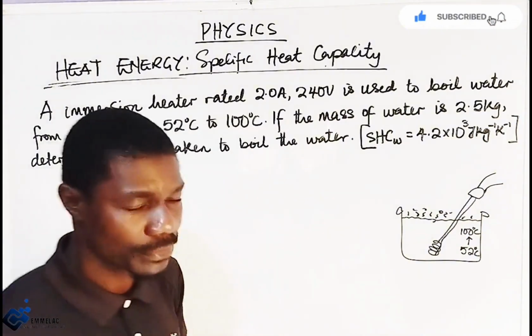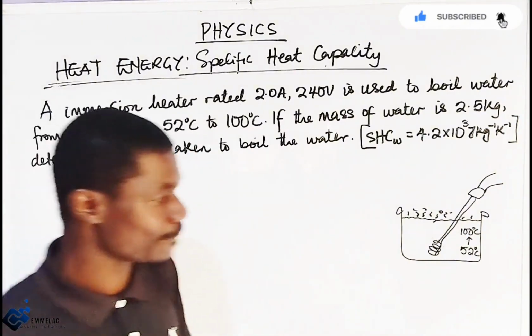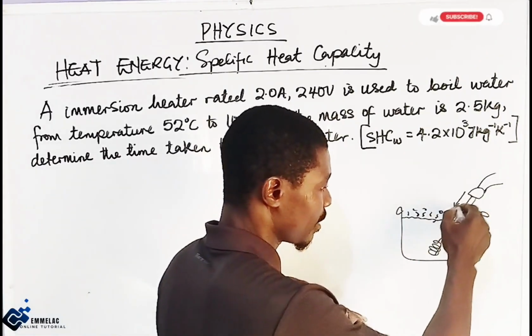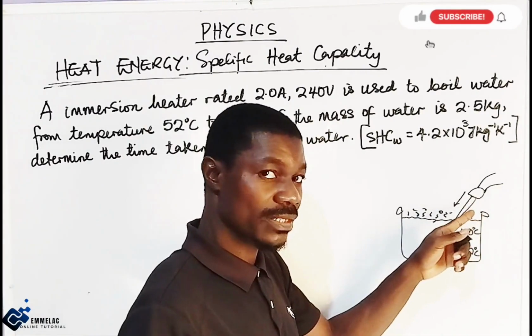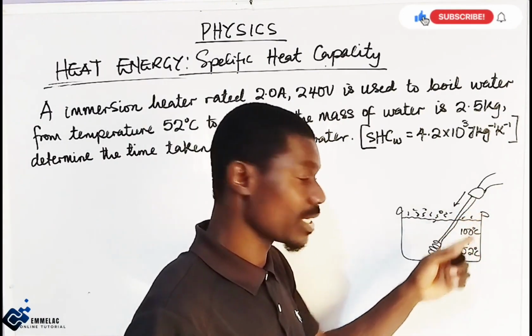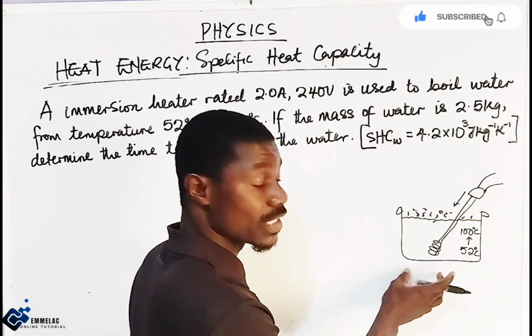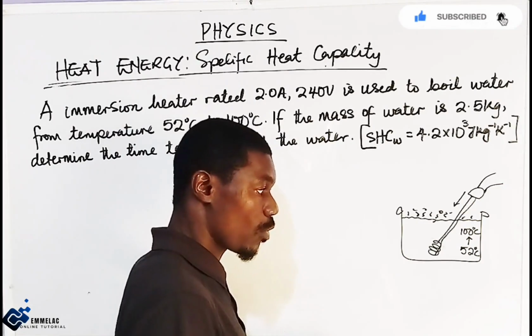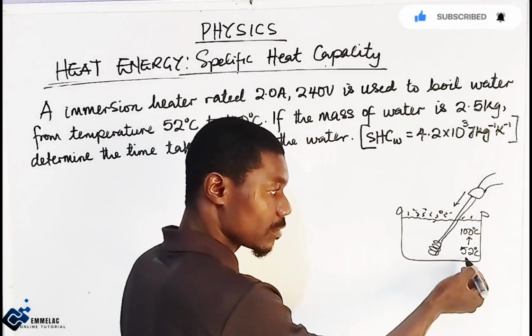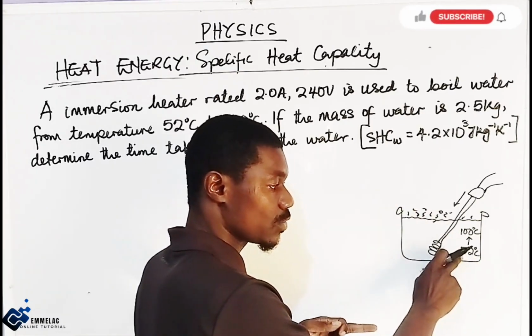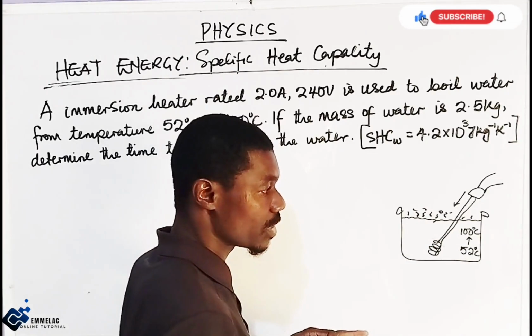Now it implies that the heat given by the electric heater is absorbed by the water, making it boil and increase from 52 degrees to 100 degrees.